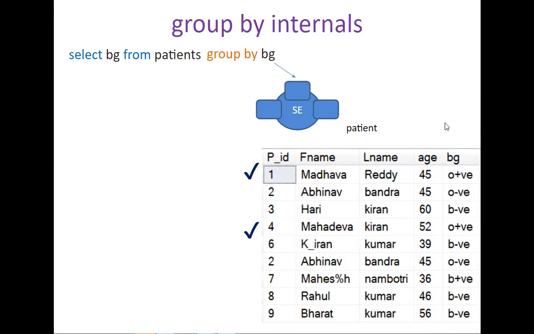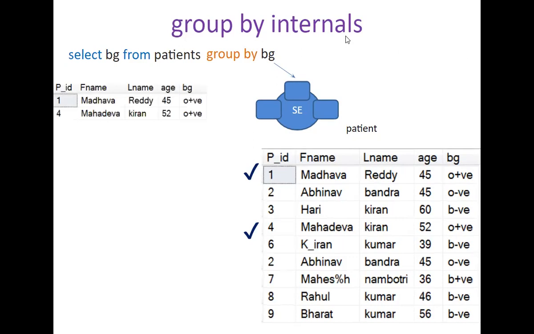Do we have any other record? No. For O positive only 2 records. Those 2 records will be fetched and will be stored in the intermediate result set. Because our group by grouping is not over, right? We have many other blood groups also. So O positive is a group. Now it will check the next one, O negative.